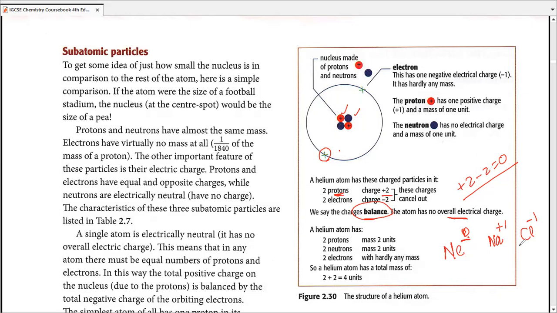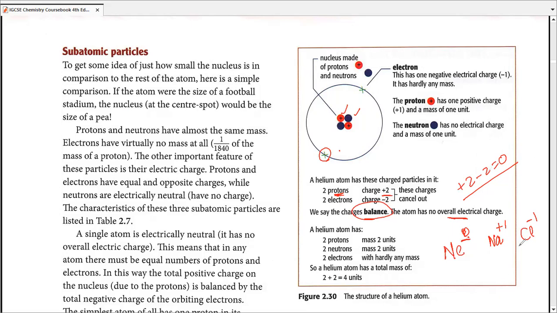Yes, sir. Now, ions are of 2 types, the positive ones and the negative ones. And they always have an imbalance of protons and electrons. I hope you're familiar with the fact that positive ions have more protons than electrons, and negative ions are vice versa. They have more electrons than protons.